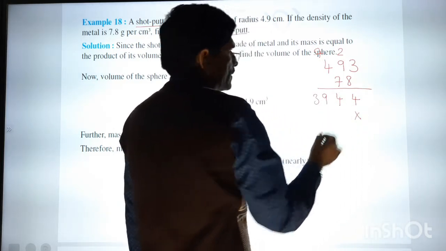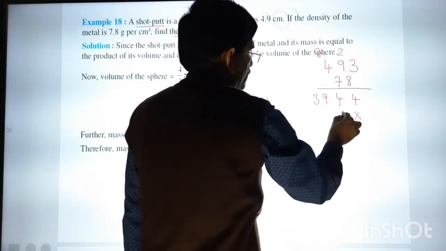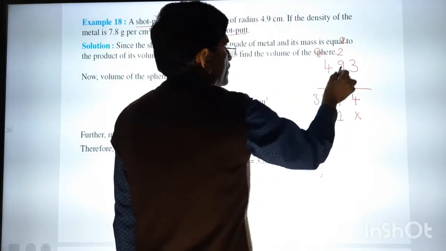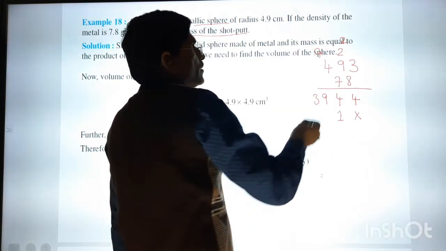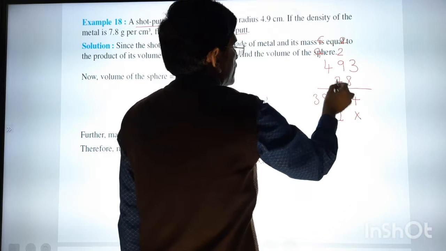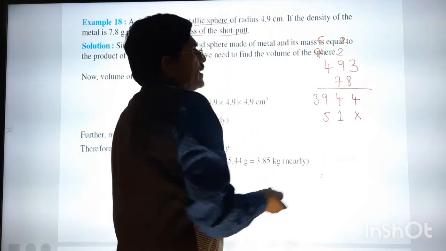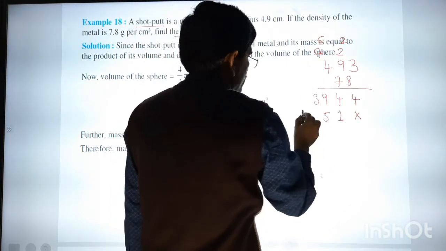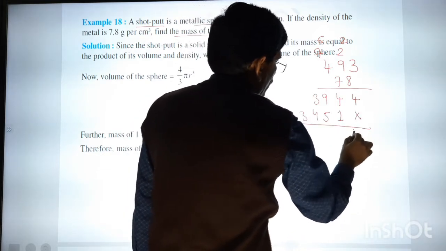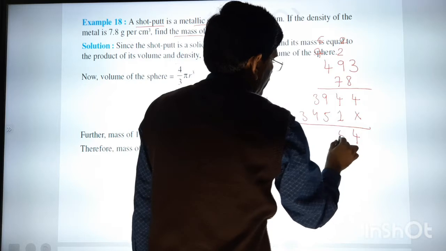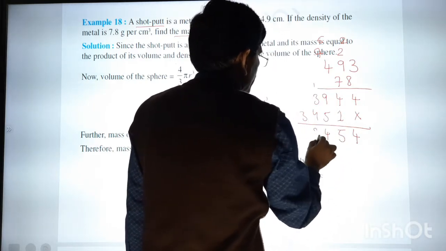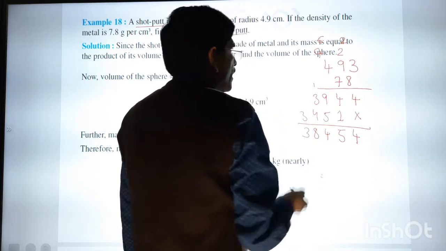Now here cross, 7 3s are 21, carry 2, 7 9s are 63 plus 2, 65, carry 6, 7 4s are 28 plus 6, 34, 4 5s are 14, carry 1, 8 3.